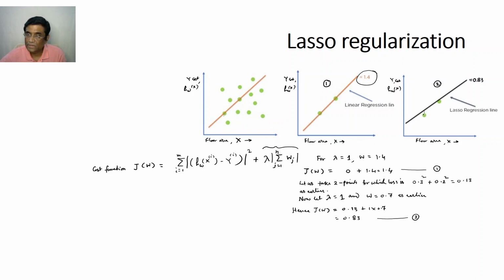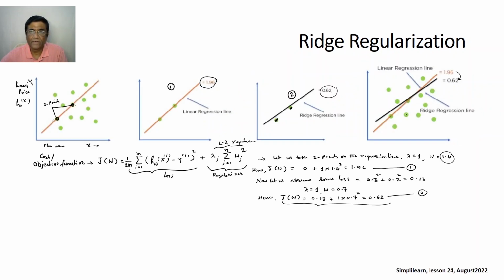Now there are some errors, value is this, and then let lambda equal 1 and w equal 0.7 as earlier. So here also the cost function value decreased, it regularized, but it did not decrease like the earlier one. But it will depend on data sets which regularizer you should use.